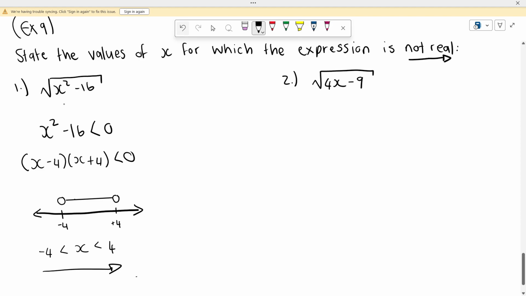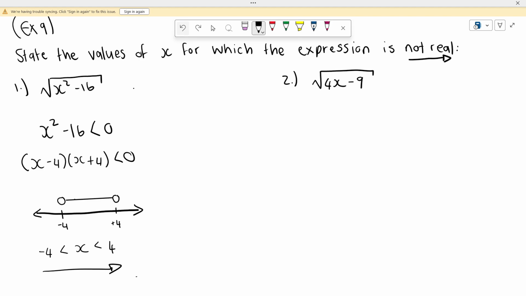Because you can think about it just logically. Let's say 3, because the 4 is not included. So let's say I fill 3 into x. Obviously, 3 squared is going to be 9. 9 minus 16 is going to give you negative 7, I think.